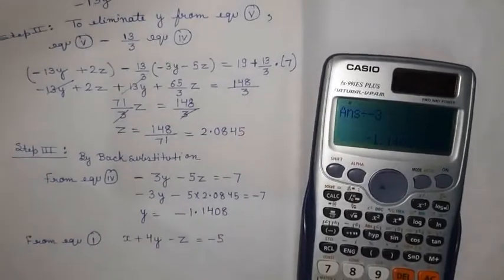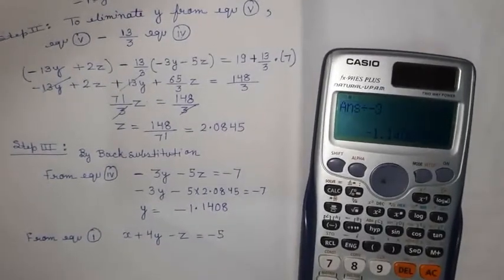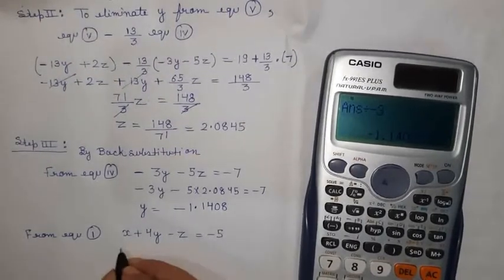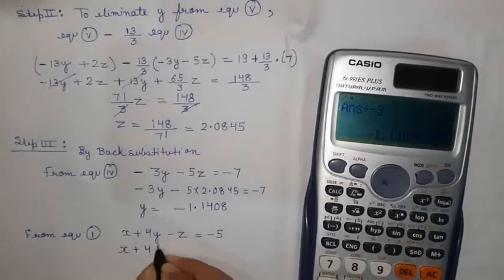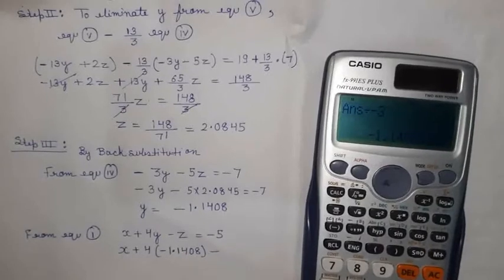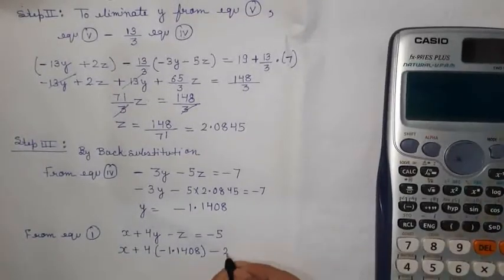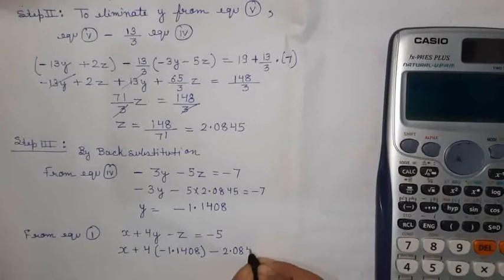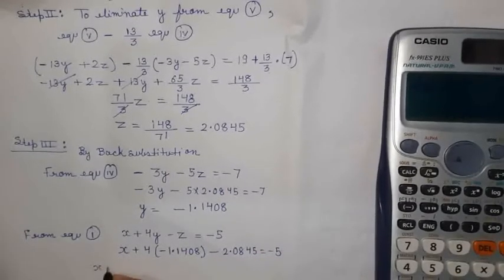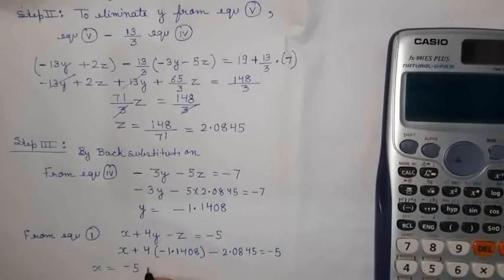So if we substitute this value, then we will get the answer as x plus 4 minus 1.1408 minus, in place of z we will write 2.0845 equal to minus 5. So if we do the calculation, it will be minus 5 plus 2.0845 plus 4 multiplied by 1.1408.